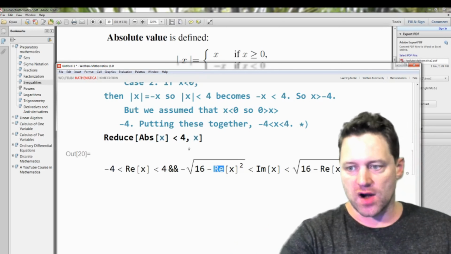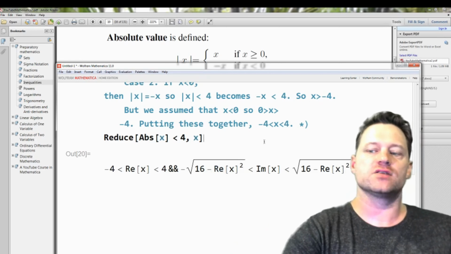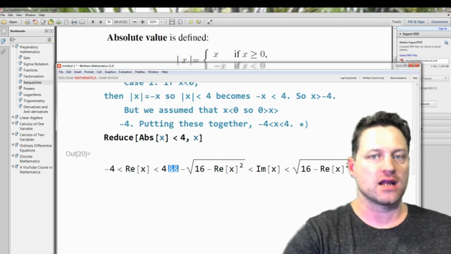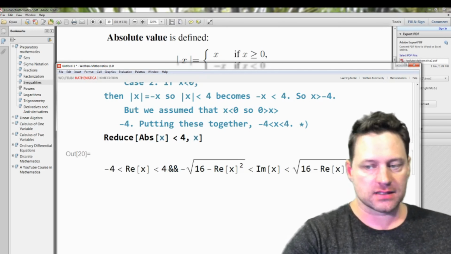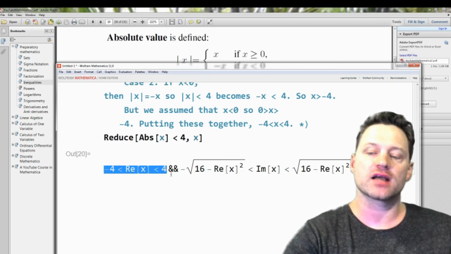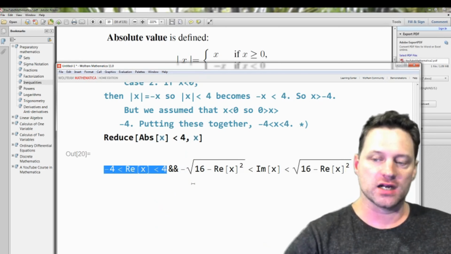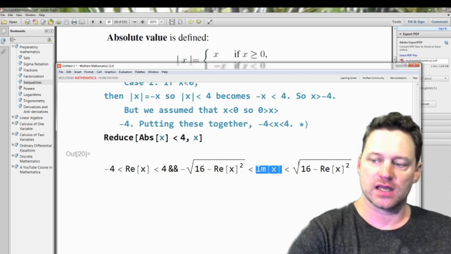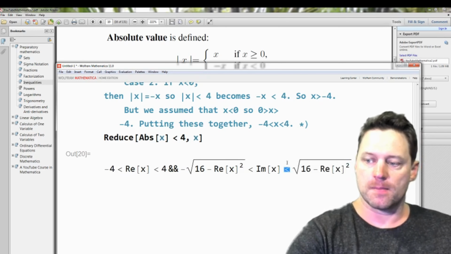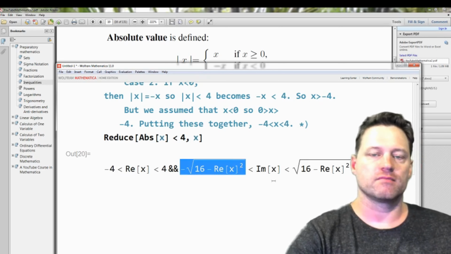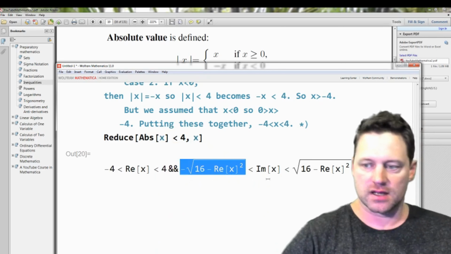Perhaps that's not ideal, but this gives an opportunity to discuss what this double ampersand means. It simply means and. So we would read this as the real part of x is between 4 and minus 4, and the imaginary part of x is between this whole number here and this whole number here, as in not an integer but the entire thing written.